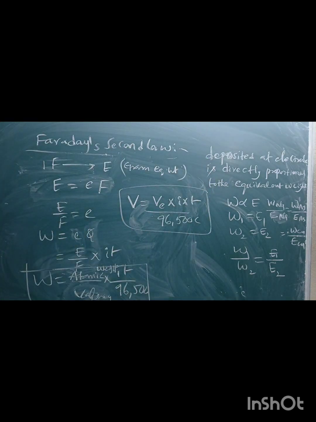This is the volume of the gas liberated at the electrode, where VE is the equivalent volume of the gas liberated. What is the equivalent volume, sir? The volume of gas liberated at the electrode at STP by passing one Faraday charge.